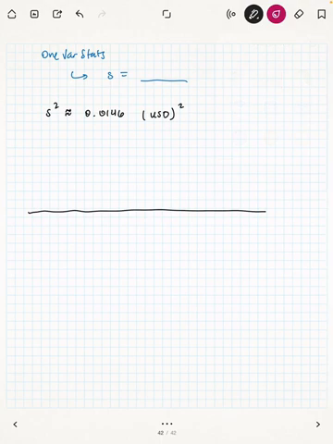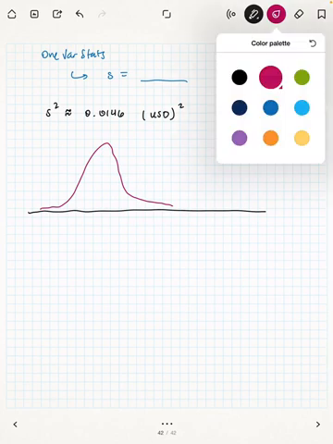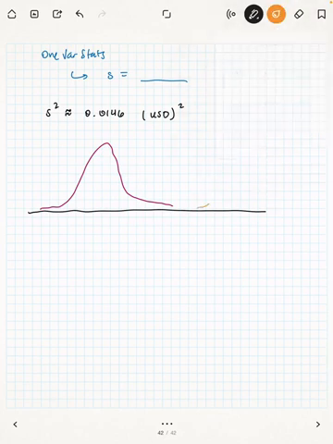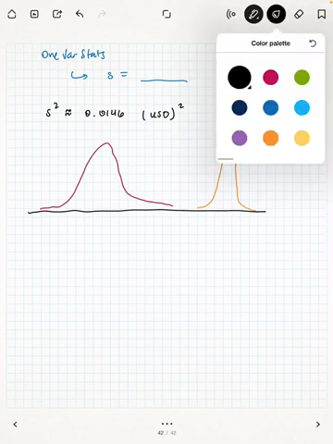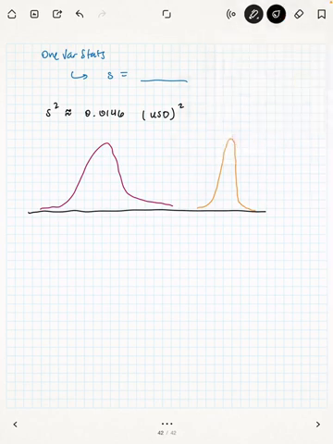So here's a sample distribution. Here's another. The taller the peak and the narrower the peak, the smaller the variance, actually smaller variability than this one.